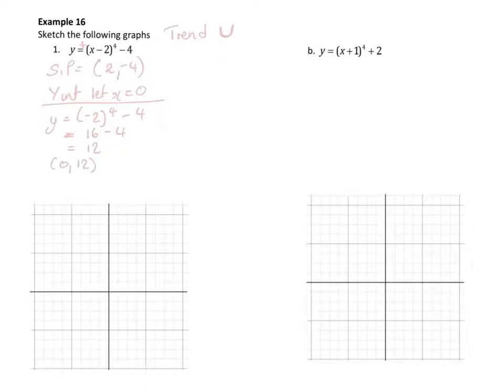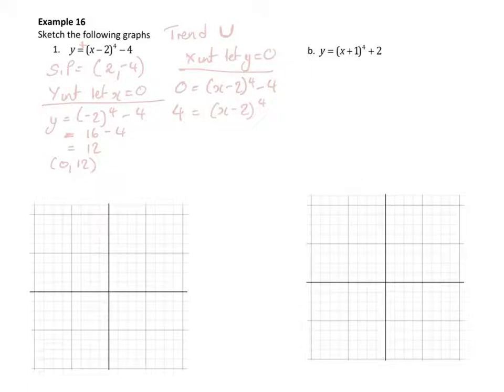And as per usual, I need to find my x-intercepts. So let's do that. For the x-intercept, let y equal 0. So 0 equals x minus 2 to the power of 4, take away 4. Bring the 4 over: 4 equals x minus 2 to the power of 4.